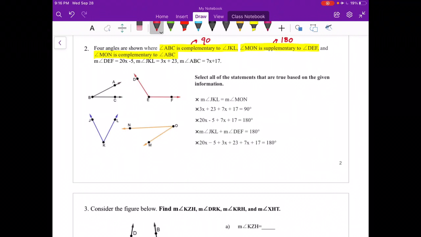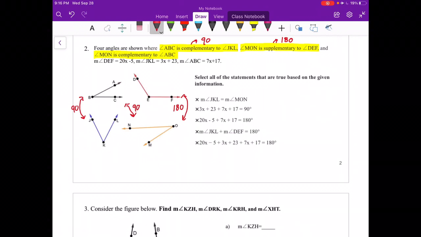Now that we know this information, we're actually going to mark that on our diagram as well. We know that these two angles add up to 90 degrees. We also know that these two angles add up to 180 degrees. And finally, these two angles again add to 90 degrees.